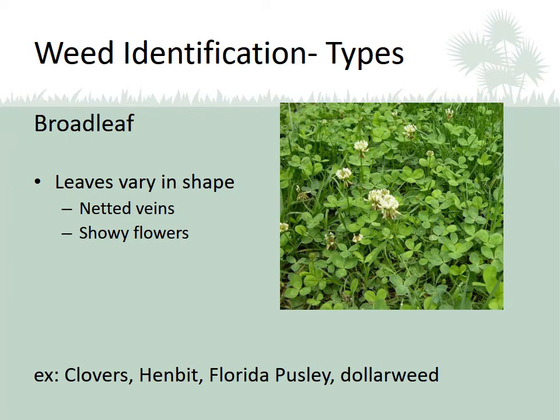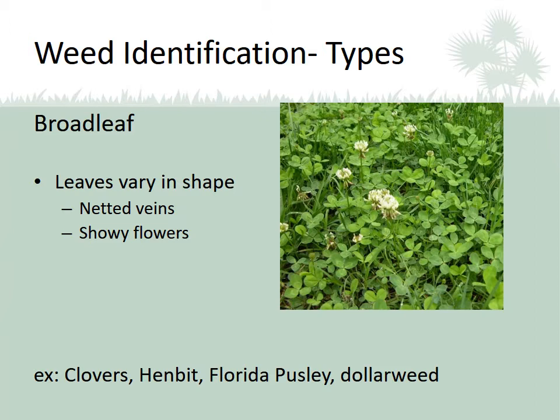So probably the most important way that we group weeds and identify them is either as a broadleaf weed, grassy weed, or a sedge. So broadleaves, if you remember back to botany in Module 1, broadleaves are also dicots. If you remember, dicots are plants that when they first germinate have two small leaves, while a monocot only has one small leaf.